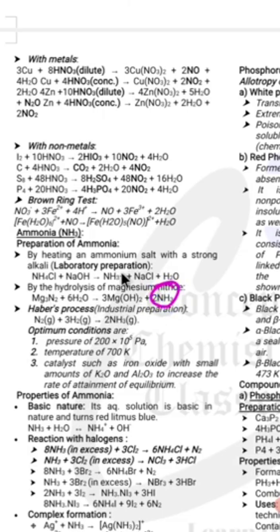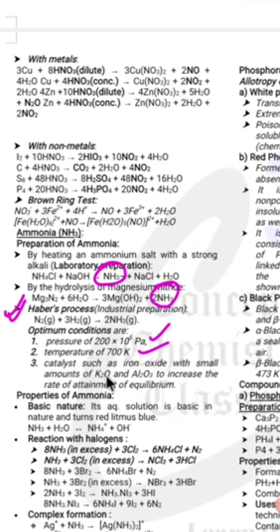Here also ammonia is formed, and this is the industrial preparation for ammonia, that is called Haber's process. Nitrogen and hydrogen gas are heated at 700 Kelvin at a pressure of 200 into 10 power 5 Pascal, that is 200 atm approximately, or 200 bar.